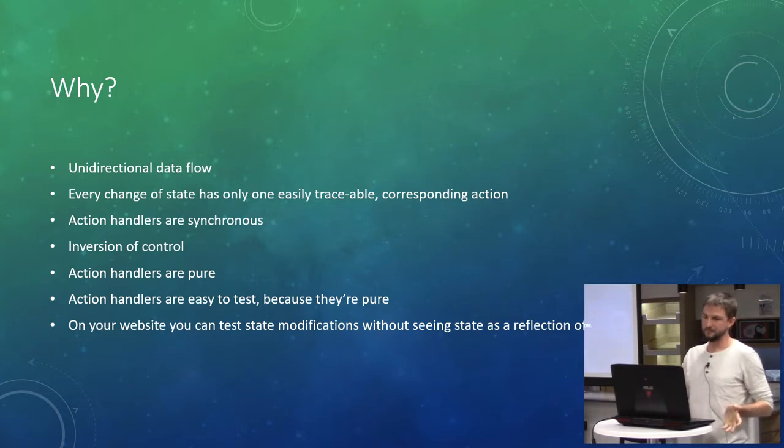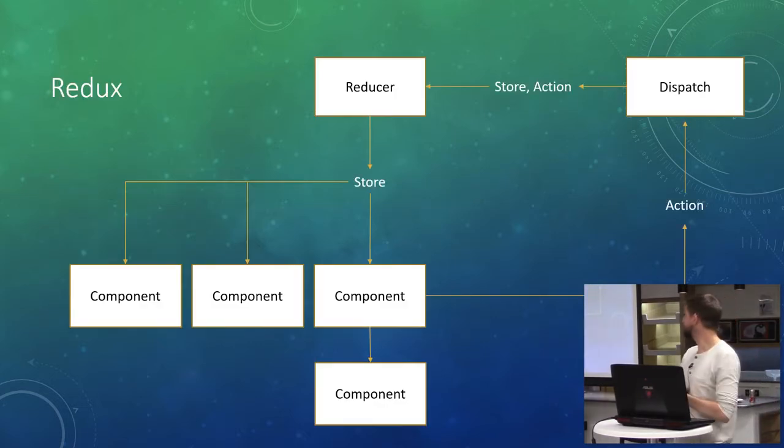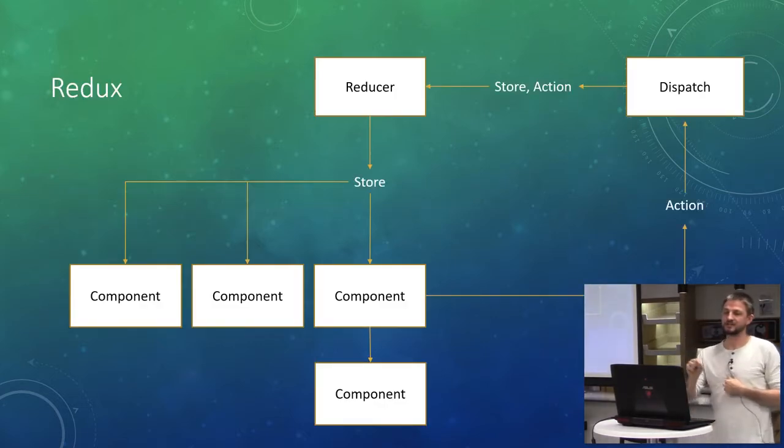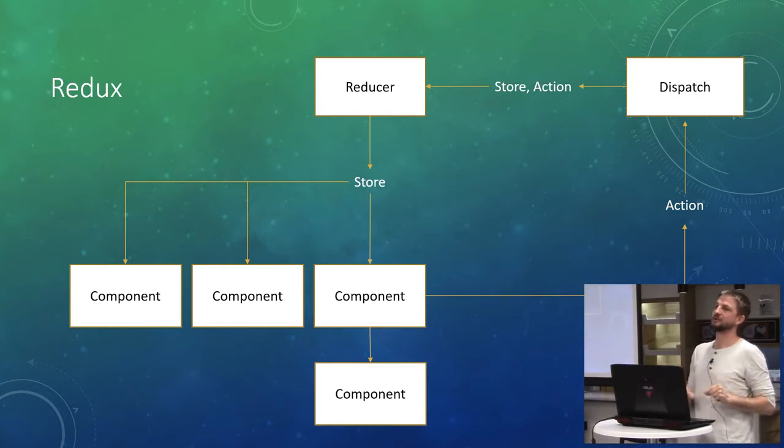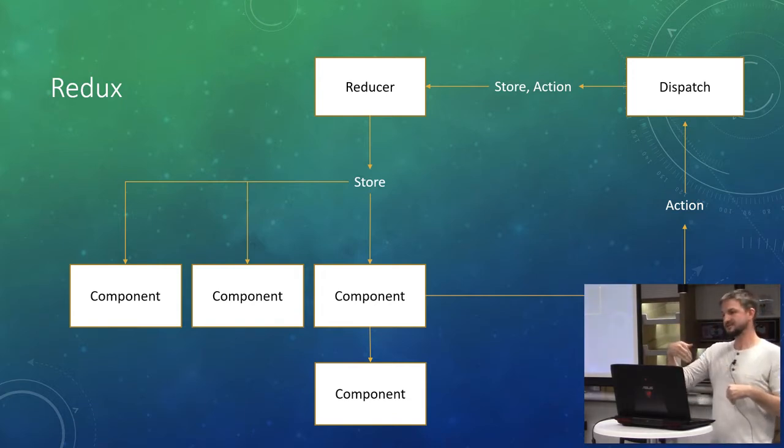Super simple. Cool. So this is how Redux looks. It is not a word-for-word implementation of the Flux pattern. It is a variant of it, a derivative, and it looks very similar. So each of your components in your React application consumes state that is given to it by the Redux store.